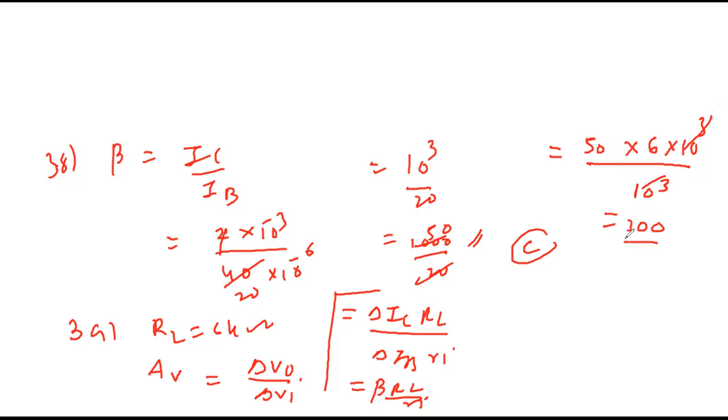So voltage gain is 300. That is the answer. Option C again. Completed till 39.